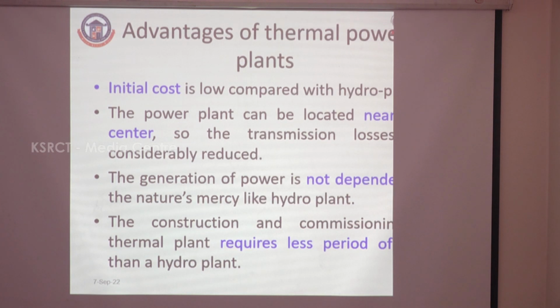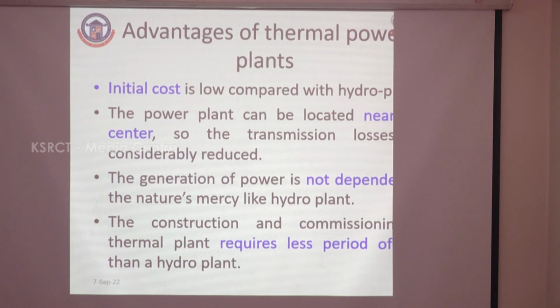In a thermal or steam power plant, the raw material is coal. It is not dependent upon the water. This is the main advantage of the steam or thermal power plant.